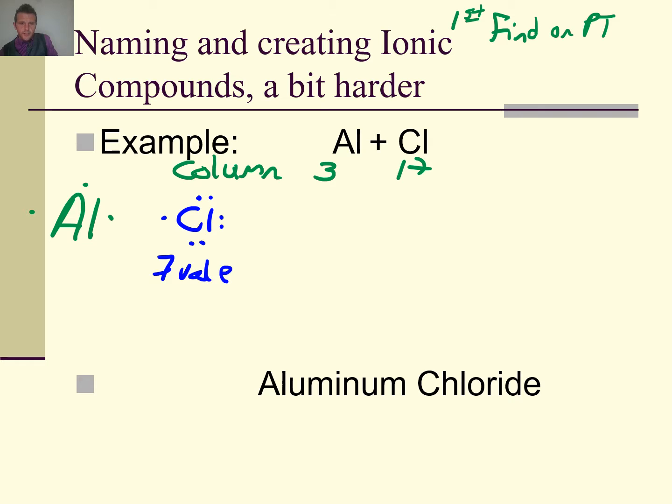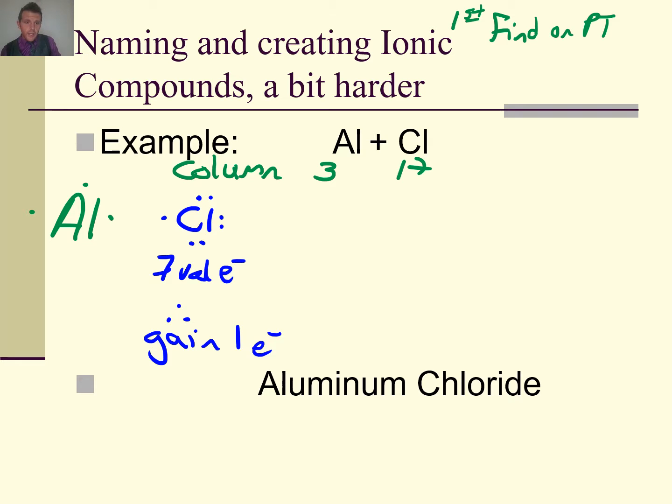Chlorine has 7 valence electrons, therefore it will want to gain 1 electron, because if it gains 1 more electron, it'll want to get to 8. If it gains 1 more electron, it will have 8, which will have that stable configuration.